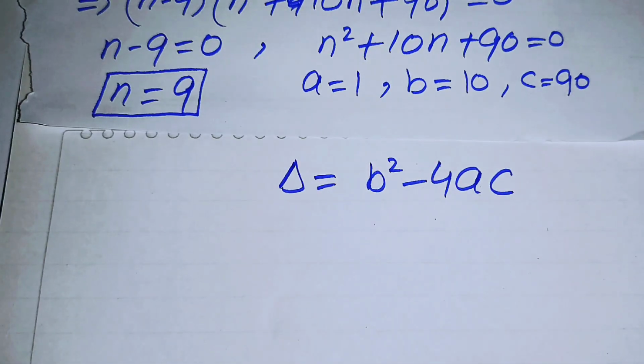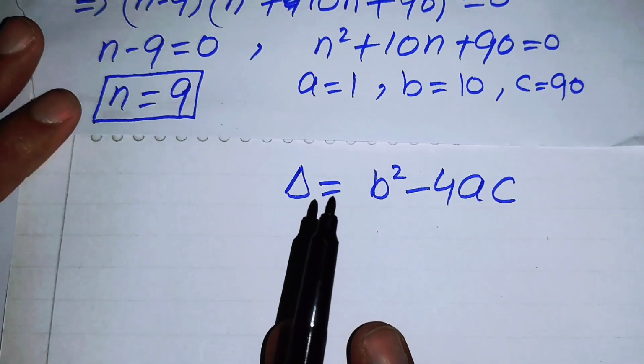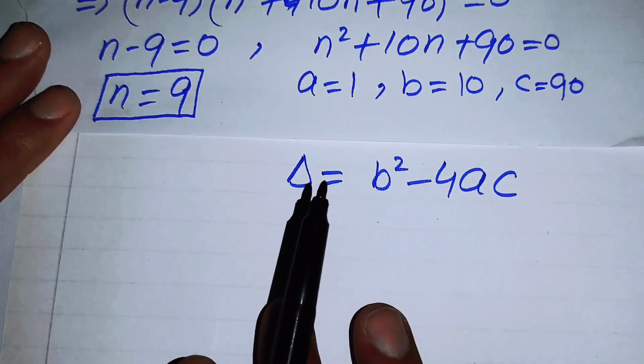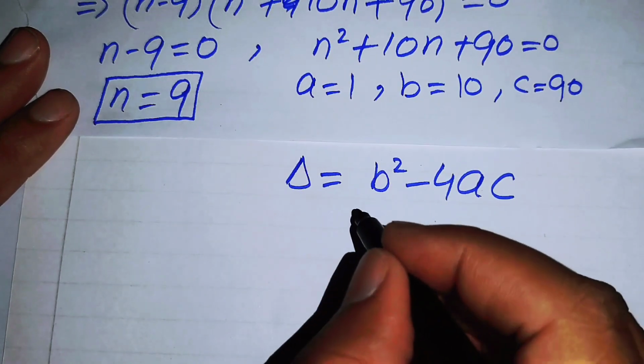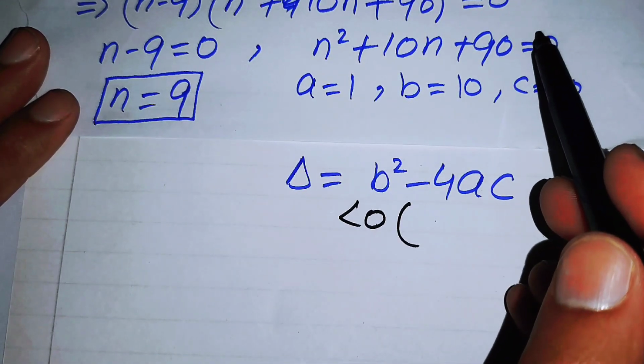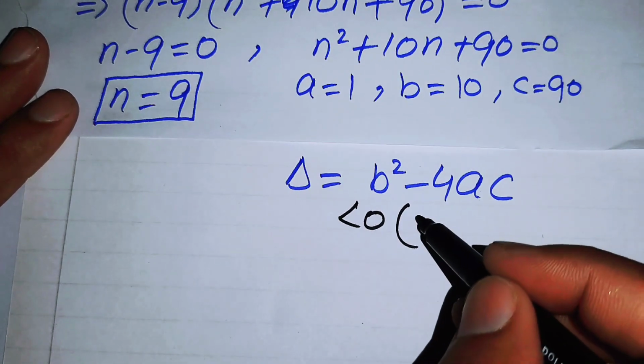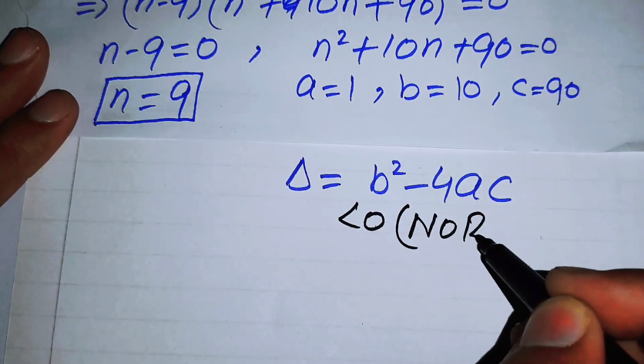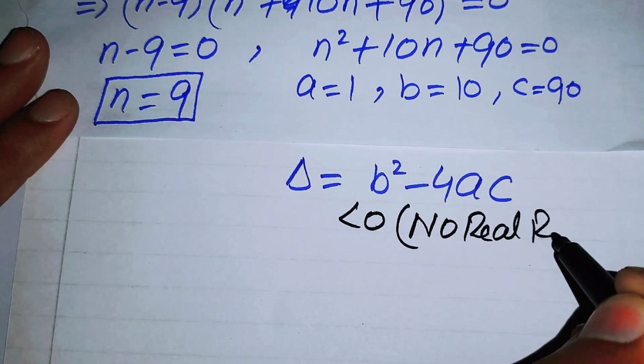First I will explain the discriminant a little bit. You know that if the value of the discriminant is less than 0, then we say that this quadratic equation has no real roots.